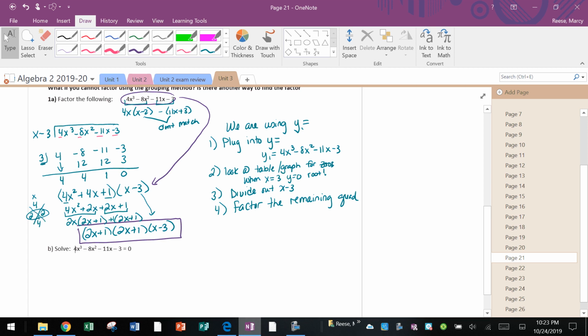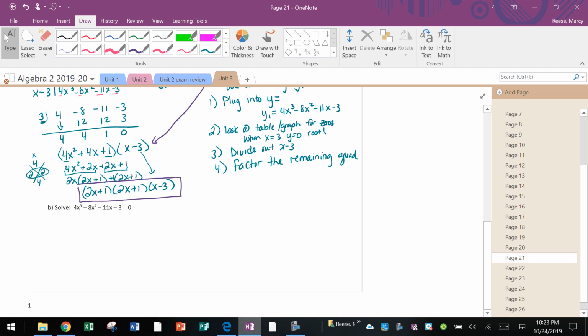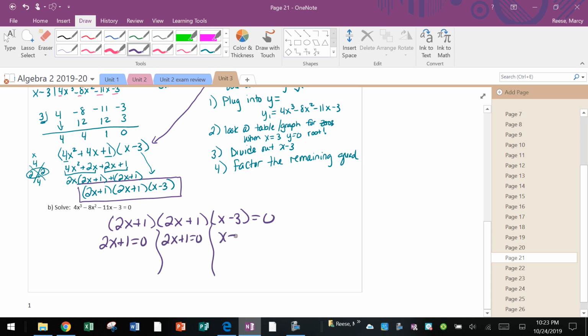Now, what if we took that 4x cubed minus 8x squared minus 11x minus 3 and said, make it equal to 0? Well, we would, again, same problem as A. We would have it in its factor form, and then we would squiggle on each one of these, set them all equal to 0, and solve.